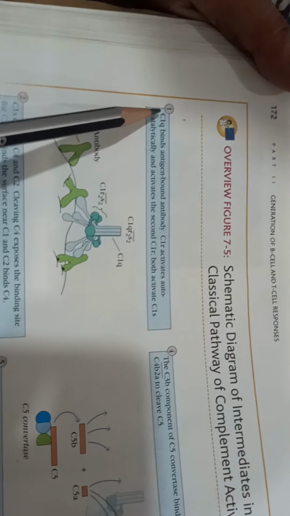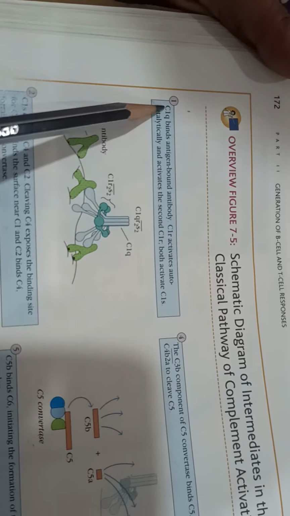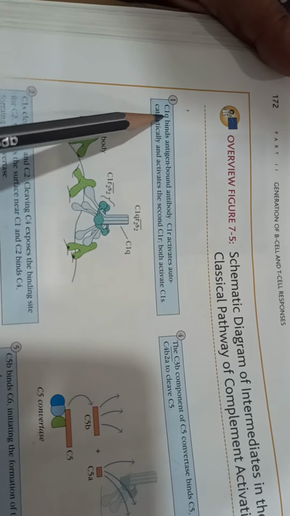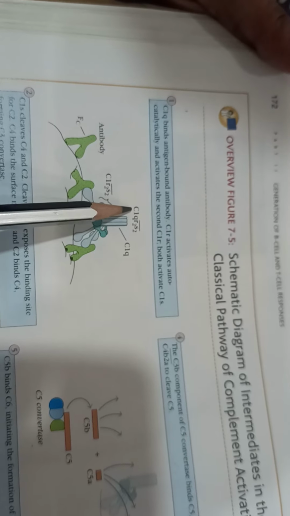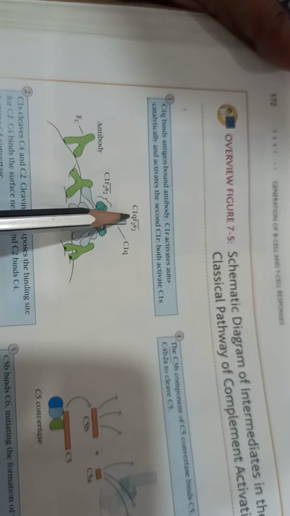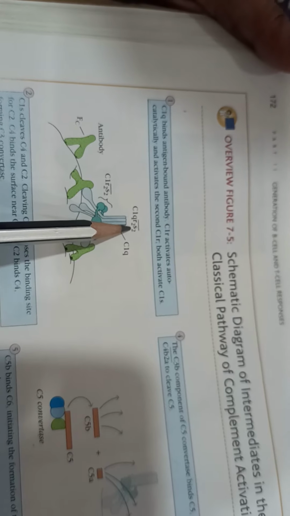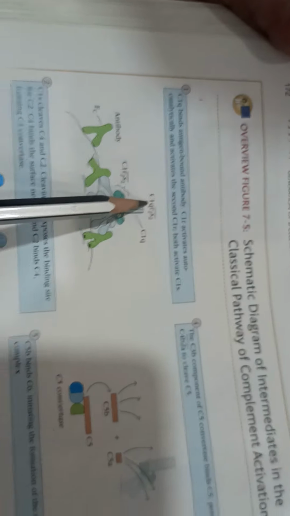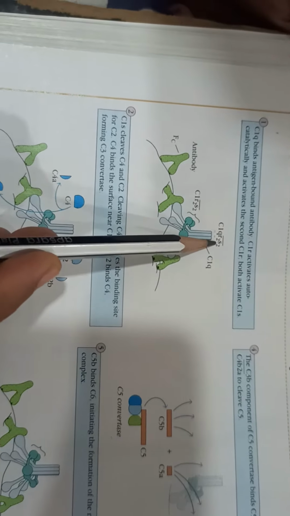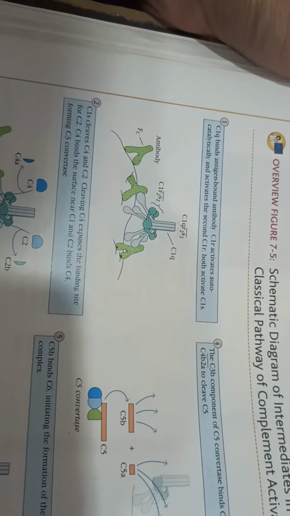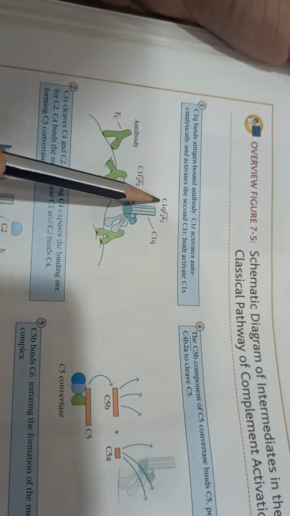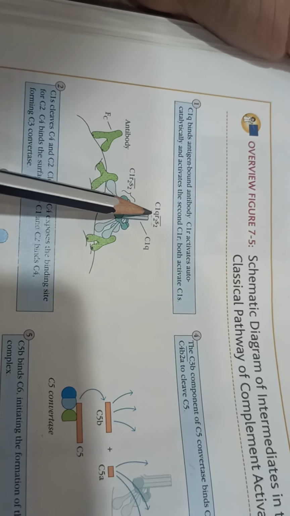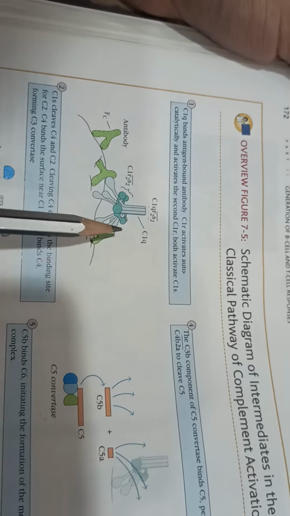So the first step is we should talk about C1Q. The C1Q is actually an enzymatic system. It consists of C1Q R2S2, which means it will have one moiety of Q, two moieties of R and two moieties of S. Continuation, so this is totally C1QR2S2.